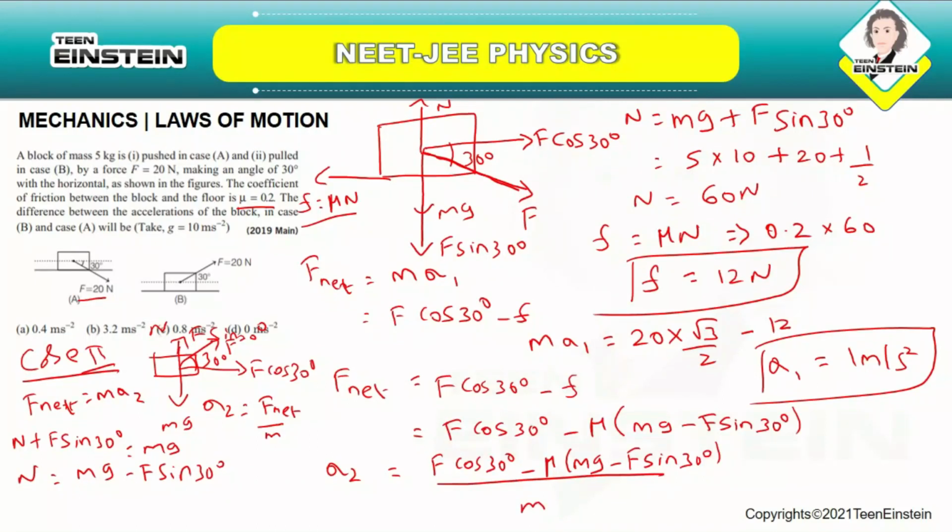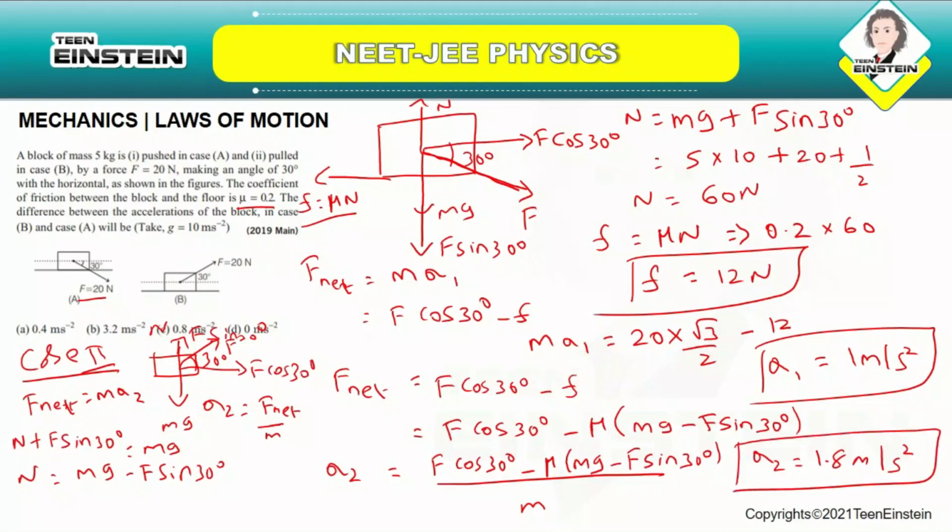You substitute the values of all the things. F is 20, cos 30 is root 3 by 2, mu is 0.2, m is 5, g is 10, and again F is 20, sin 30 is 1 by 2, divided by 5, m is 5. If you solve this, you will get the a2 value as around 1.8 meter per second square.